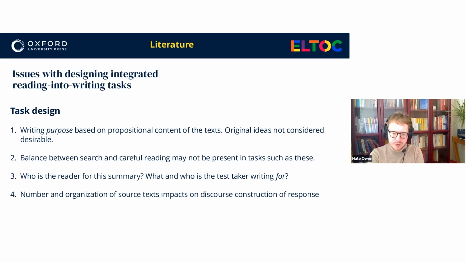But then number 4 is really important for us because we were very concerned about this notion of reproducibility, just looking at the order of information in a text and reproducing that. We wanted to find a way to move away from that in a summary task as well. So we thought, instead of just one text, why not 2 texts?